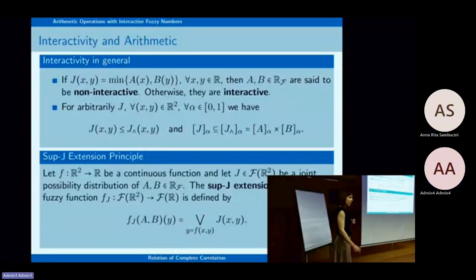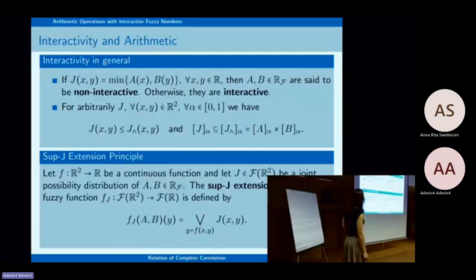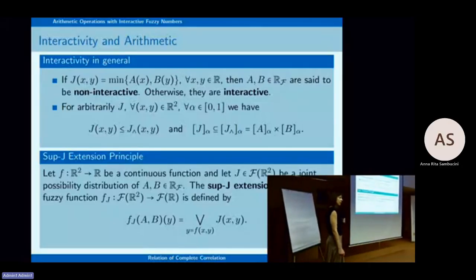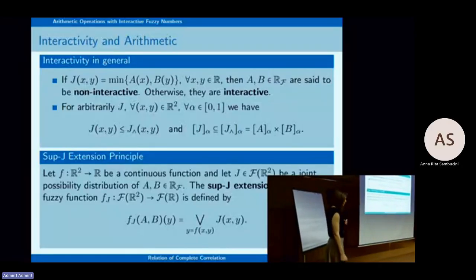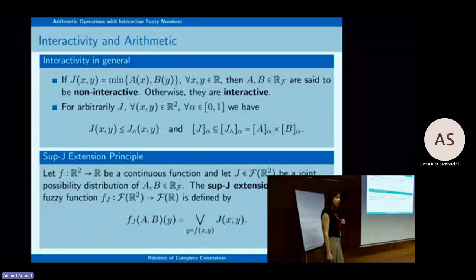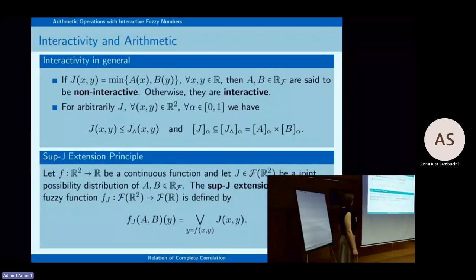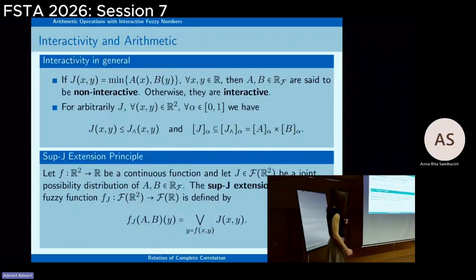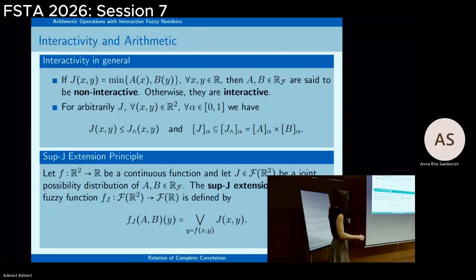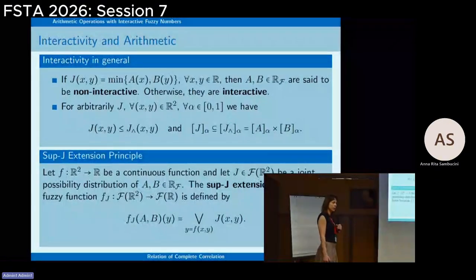It was also mentioned by Jan before, that it's an extension of classical functions to fuzzy functions operated over fuzzy numbers which are joined by the fuzzy relation J, by the interactive relation. And then this extension is actually given by this formula, where we see that we operate over these elements which are really connected by the relation J.